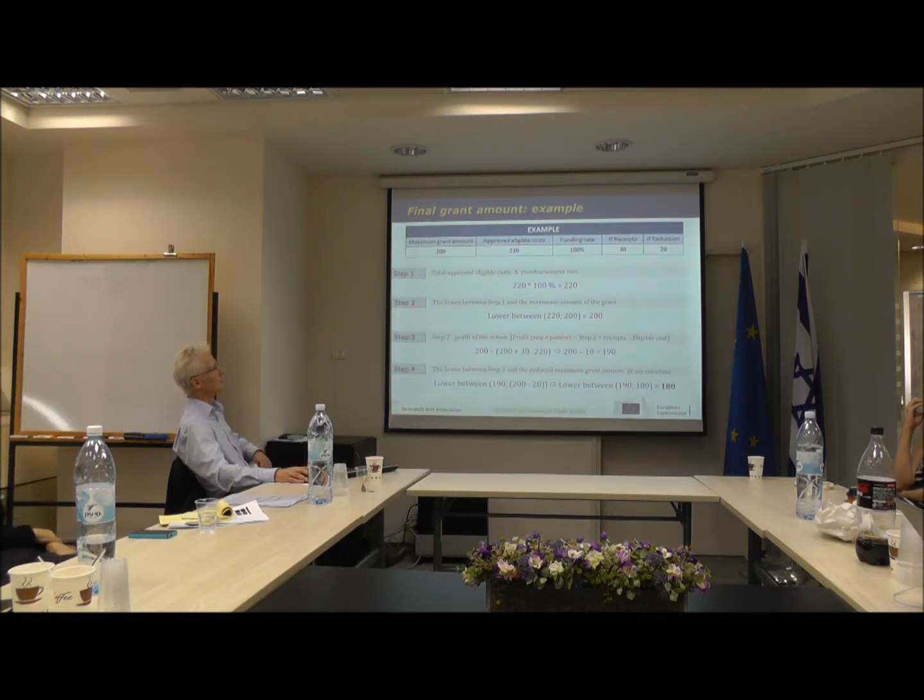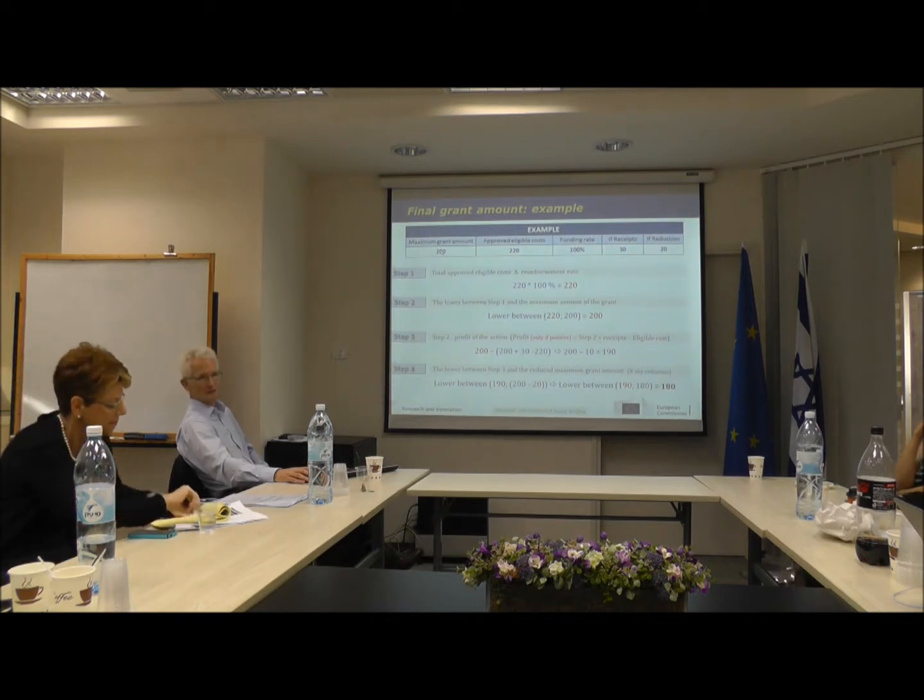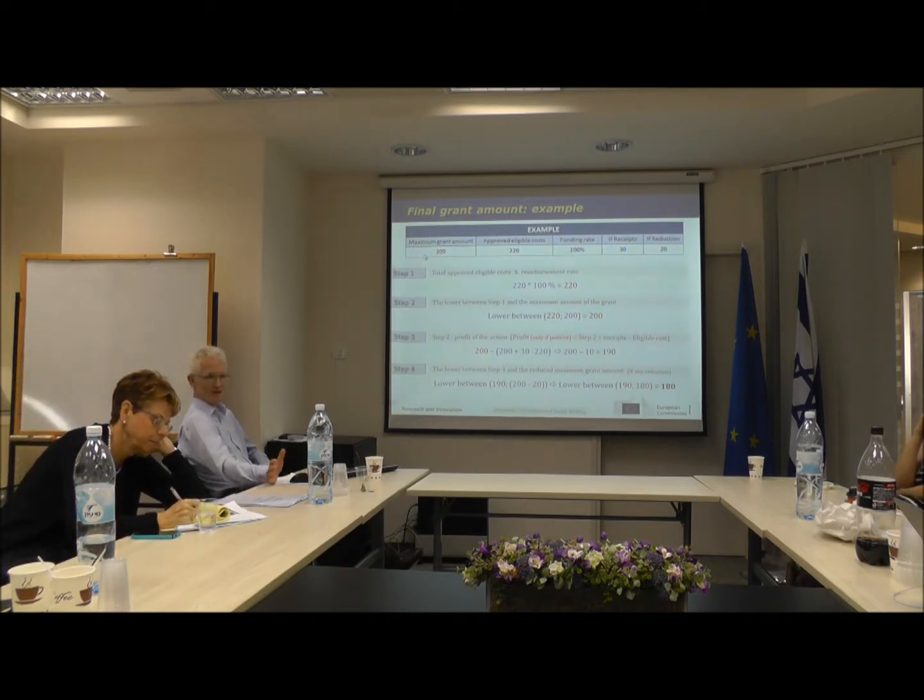So let's say you have... It's the truth, so you should declare. Yeah, absolutely. So let's say in this example, you have declared 220 eligible costs, and we pay you 200 because this is the maximum. And then the auditors come a year later, and they find 5 are actually not eligible.